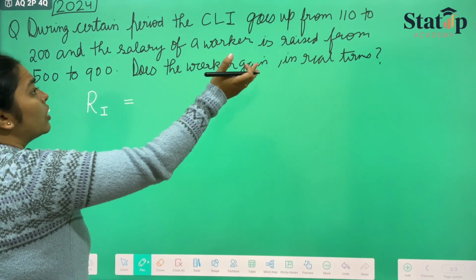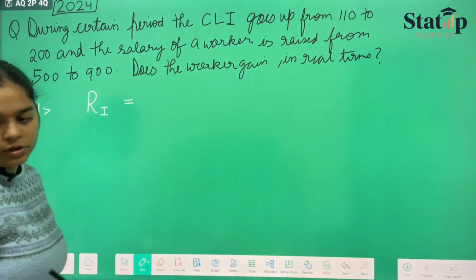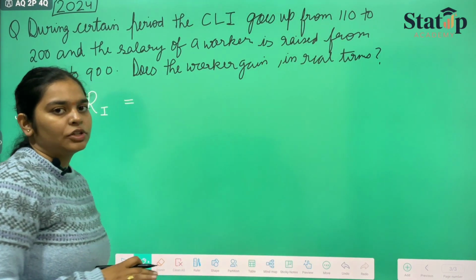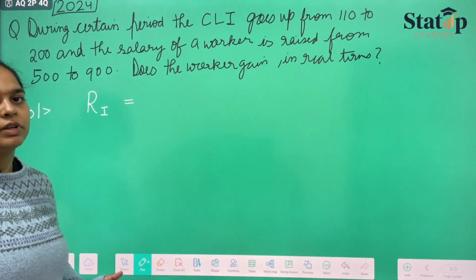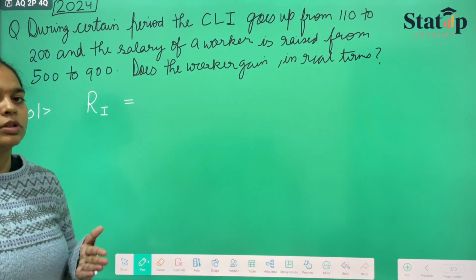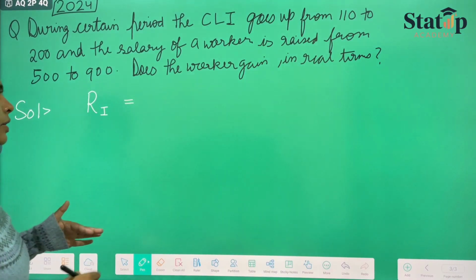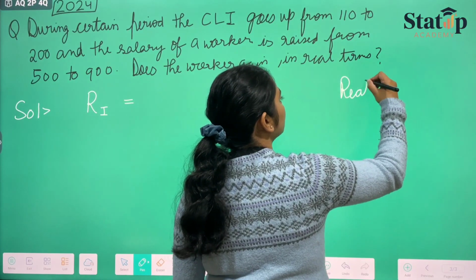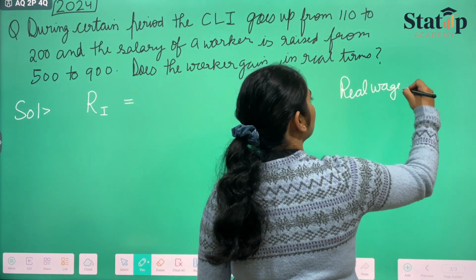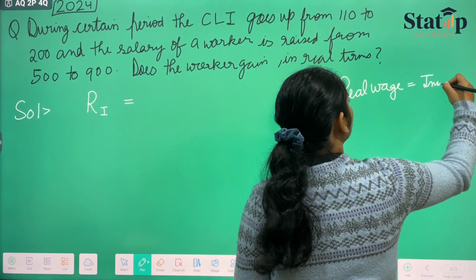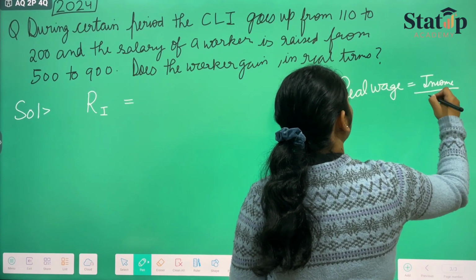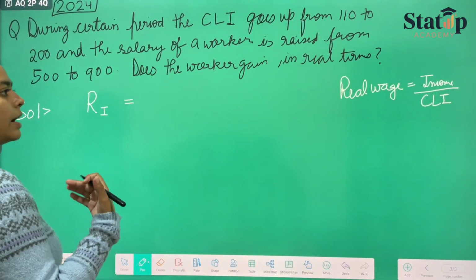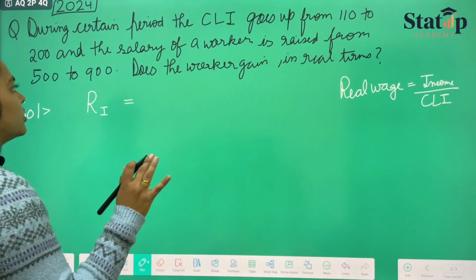The real wage formula, as I told you in the previous lecture, was income upon cost of living index into 100. I am writing the real wage formula here; this is for our own calculation, which you may or may not write.